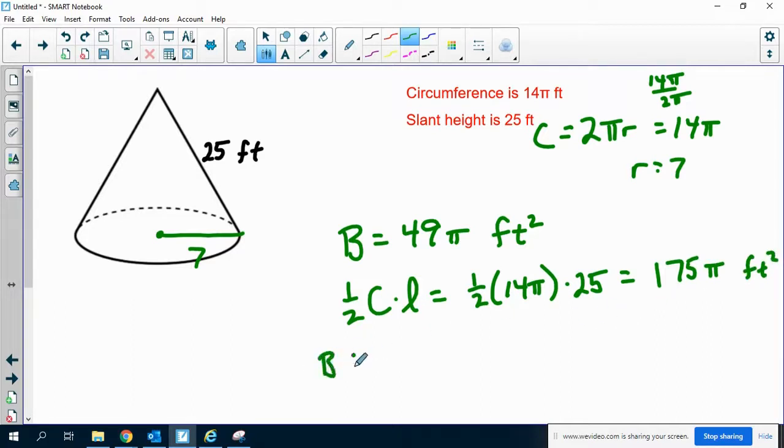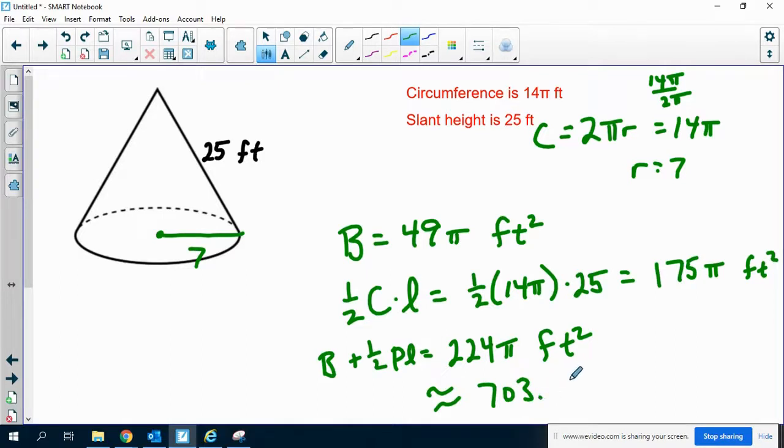So B plus 1/2 PL is 224 pi feet squared. I can type that in the calculator and get a rounded decimal approximation if I want. I would get 703.717 feet squared, and that would be the surface area of my cone.